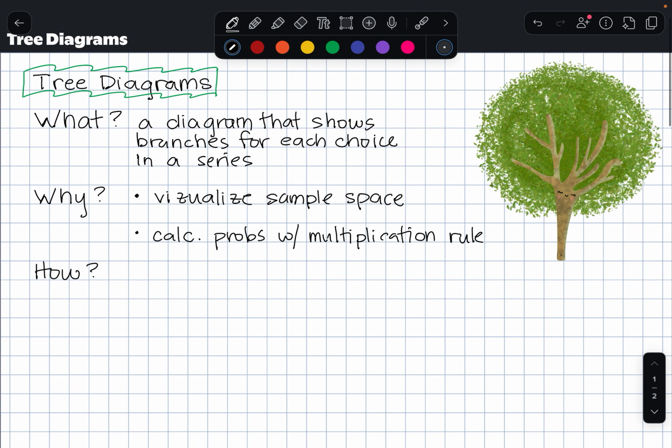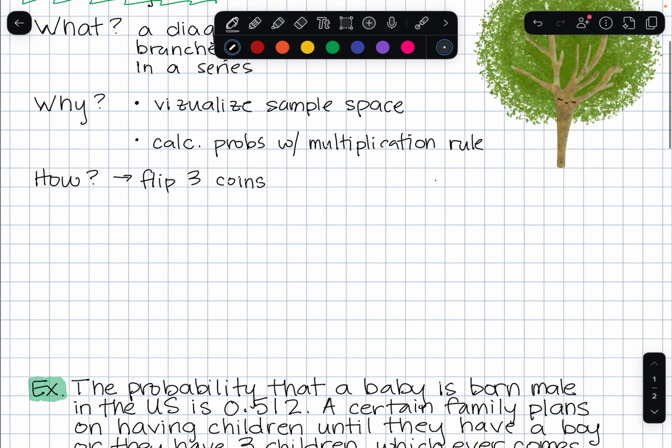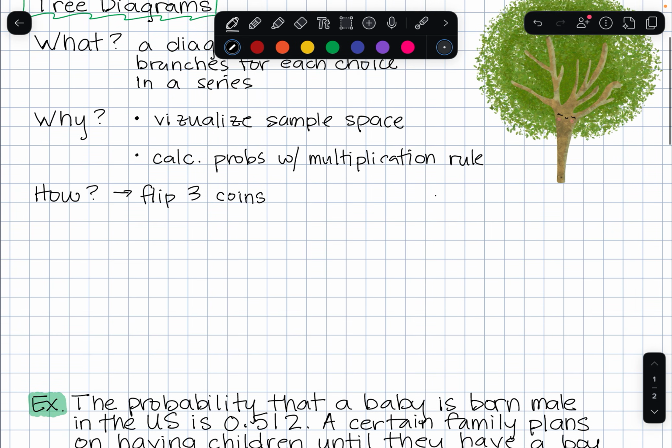So let's suppose we flip 3 coins. And I'm going to do my tree sideways, and we don't typically do them sideways, but that's okay. So here is my first choice. And when I flip a coin, I know I have 2 outcomes. I could have a heads, or I could have a tails.